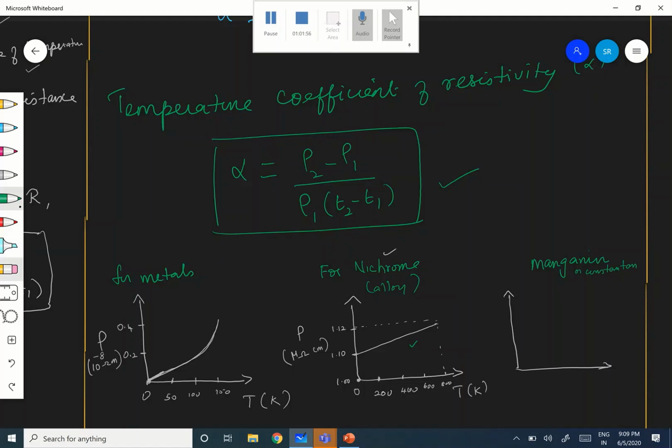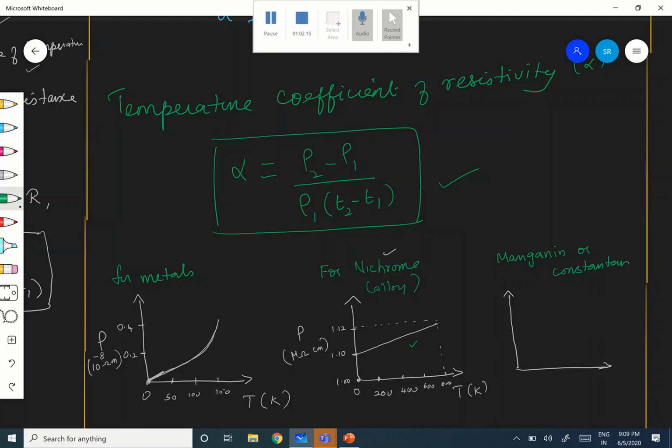My handwriting here is very small now. It is manganese or constantan. Let me rub this properly. Manganese or constantan.